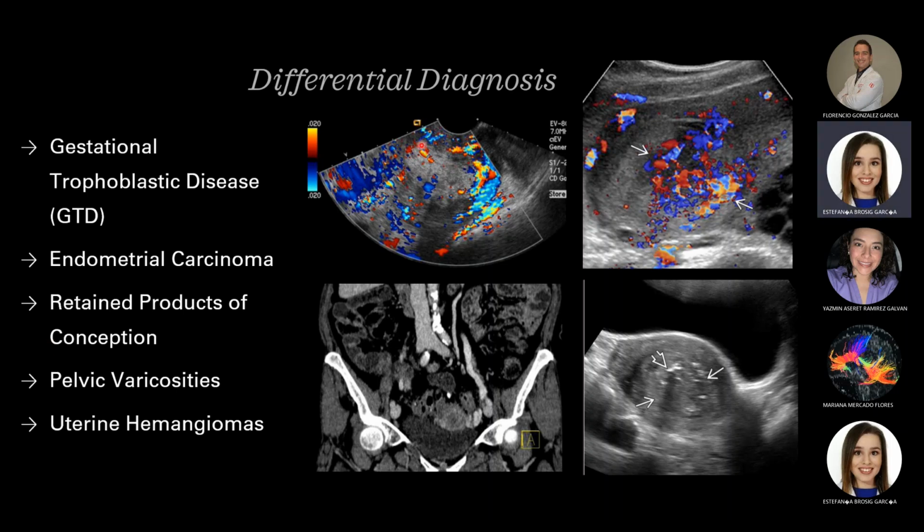In this image that we see here, we can see a sagittal color Doppler ultrasound of the pelvis in a patient with choriocarcinoma. It shows markedly increased myometrial vascularity, and the patient was treated with chemotherapy with complete resolution. If you see, there are many similar characteristics between gestational trophoblastic disease and uterine arteriovenous malformation.